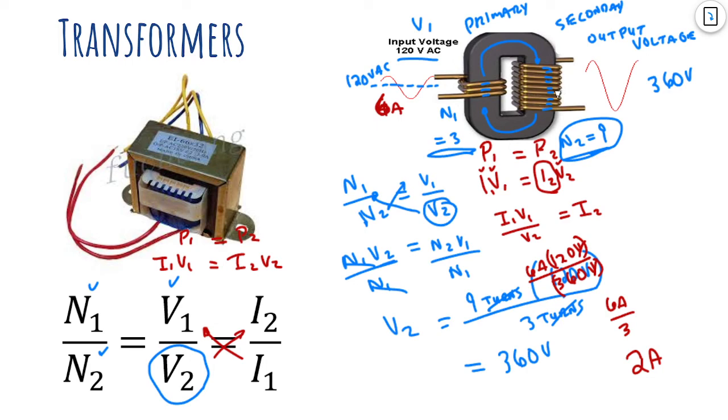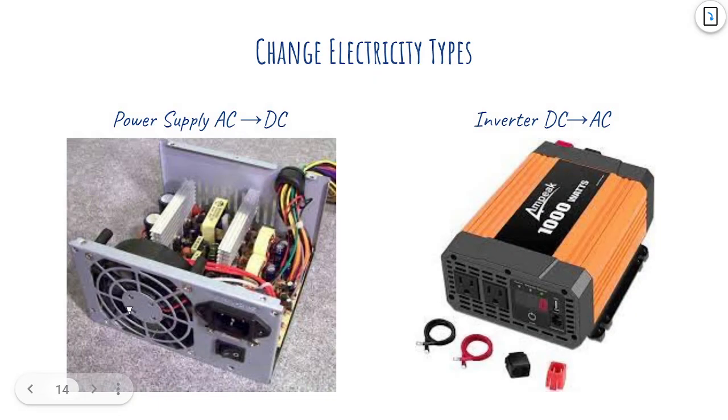Meanwhile, if you wanted a cell phone charger, you're plugging it into the wall, getting 120 volts, but your cell phone charger wants 7 volts. So I'd have to do it the other way. I'd have to have a whole bunch of coils on this side and then a few on this side, and that would step the electricity down with that same formula. There's only one formula you got to worry about there.